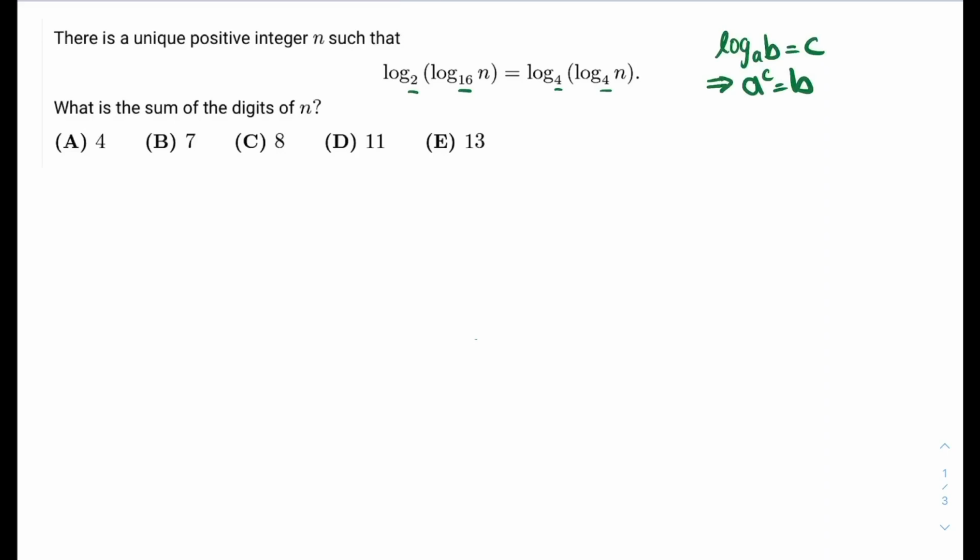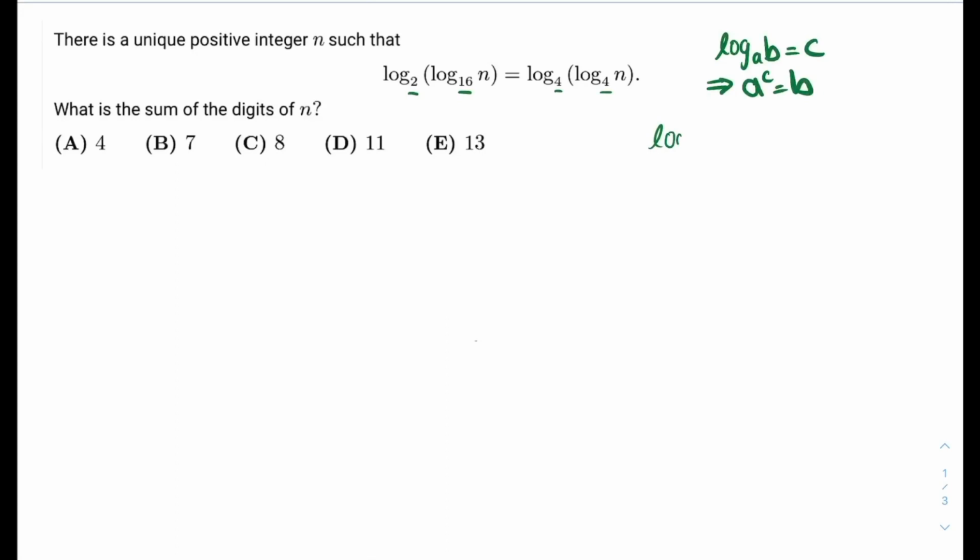The change of base formula is basically a way for you to convert any logarithm into whatever base you're looking for. Let's say you have log base m of n, but you want to write this in terms of log base x. This is equal to log base x of n divided by log base x of m.